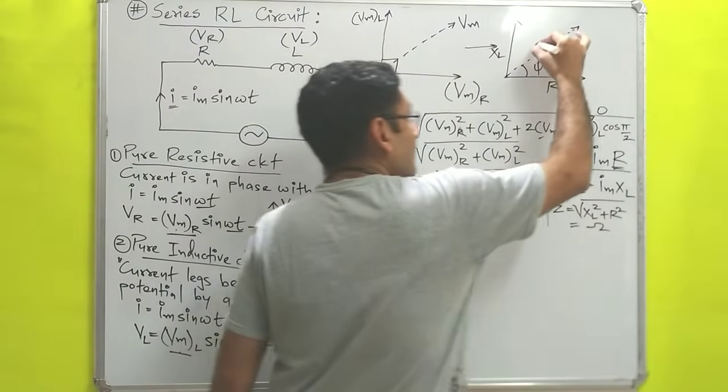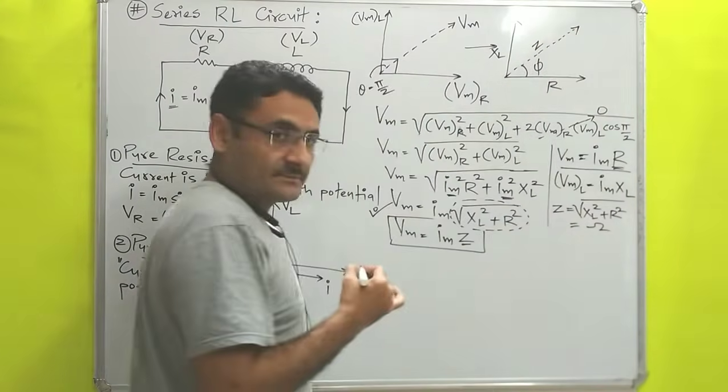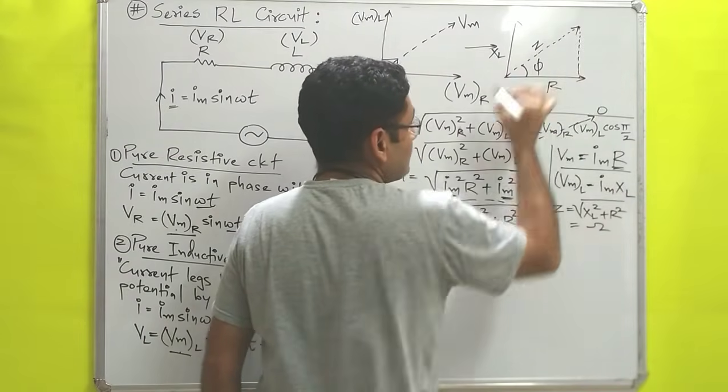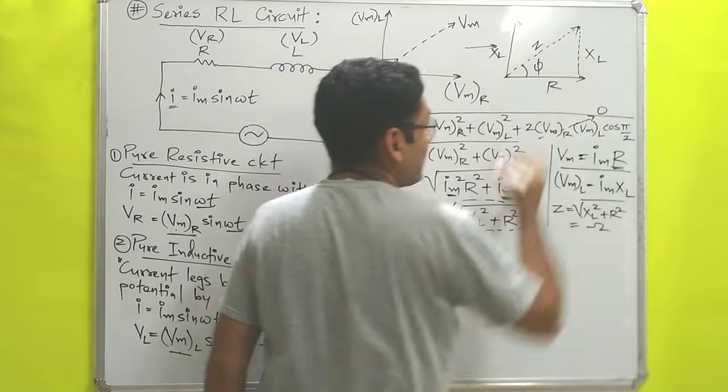That is your impedance. Now if I extend this line like this, that will be your XL.